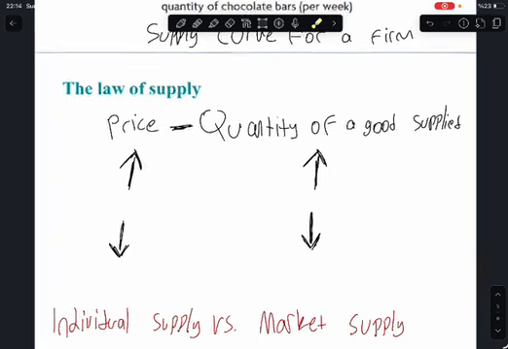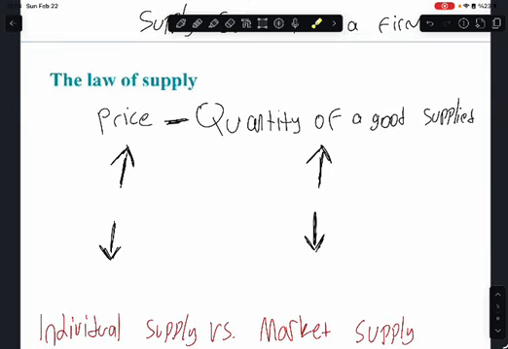You can think of it like this: if they are going to sell the chocolate bar for $5, they can produce a chocolate bar for $4 and still make a profit. But if they are going to sell it for $1, they have to produce it for less than $1 to make a profit. If they are not going to make a profit, they will not produce the chocolate bar.